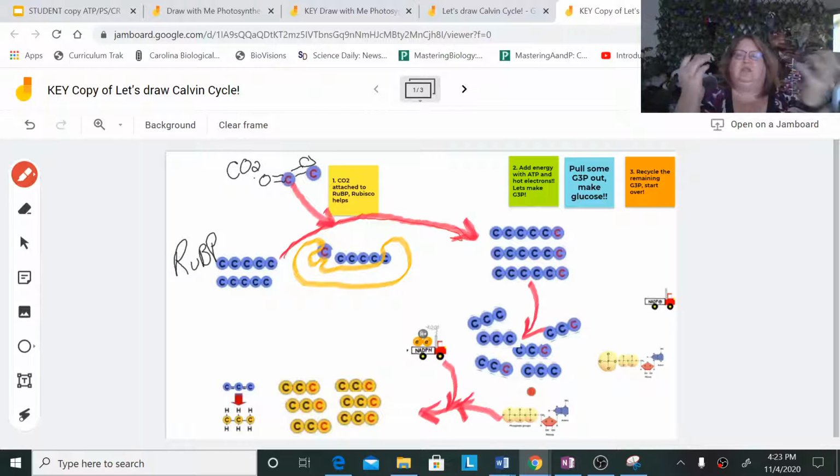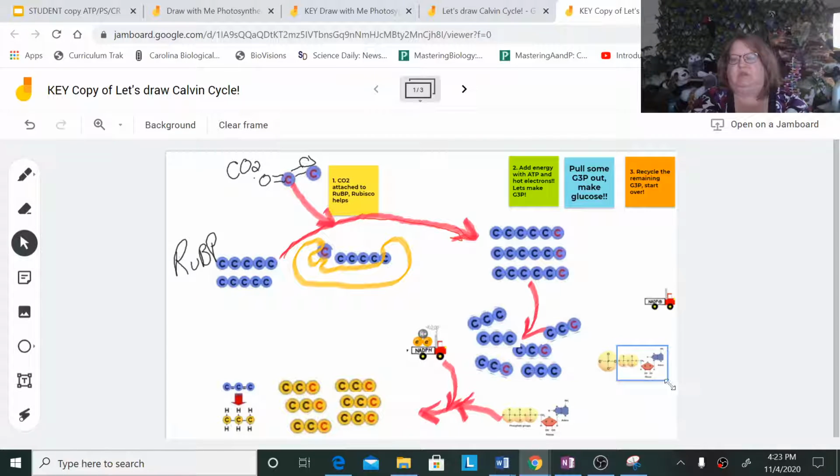And when they do that, notice, and I was trying to be sneaky here, notice now if I add ATP, I will have ADP and a phosphate. That's what happens. Remember, when ATP gives its energy, that's what we get.